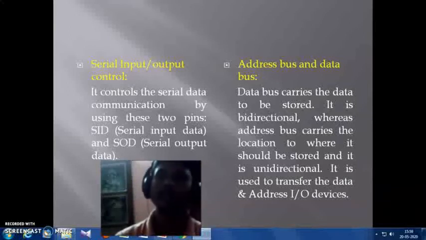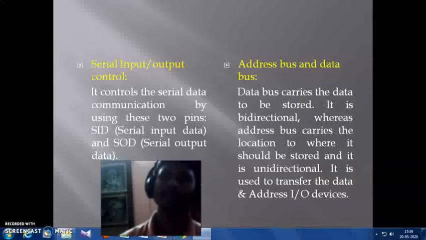And this address bus is unidirectional, meaning it can address any memory or any chip by sending a 16-bit address to it. And the data bus is bidirectional, meaning the microprocessor can send data to an outer device or memory.